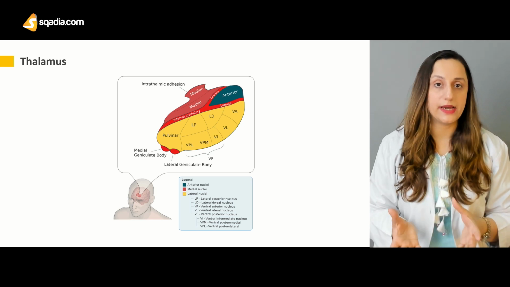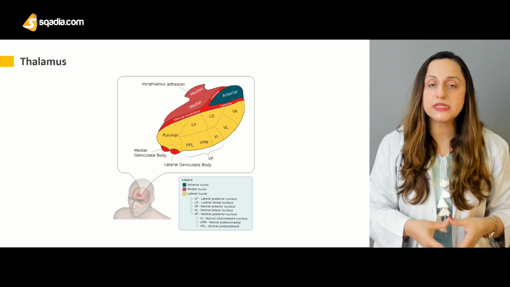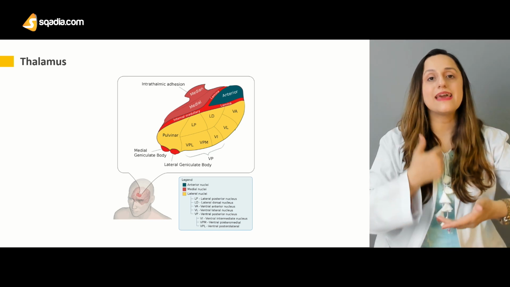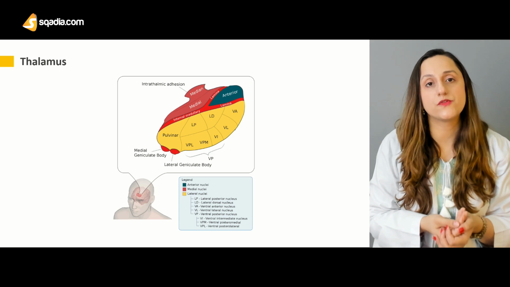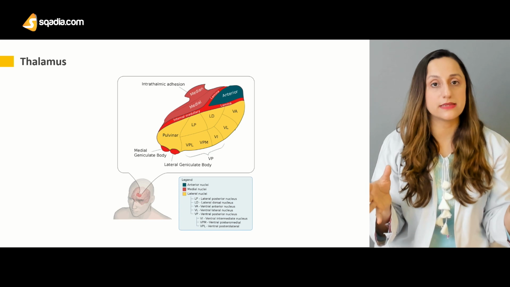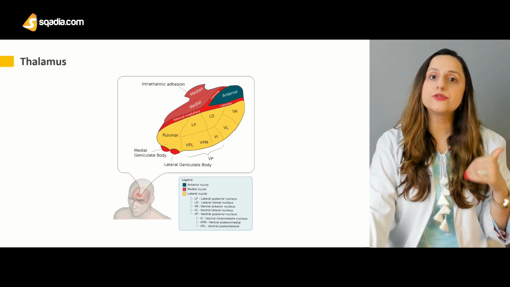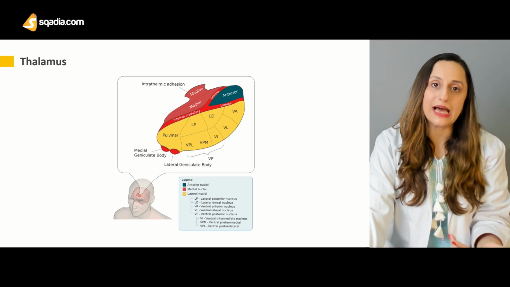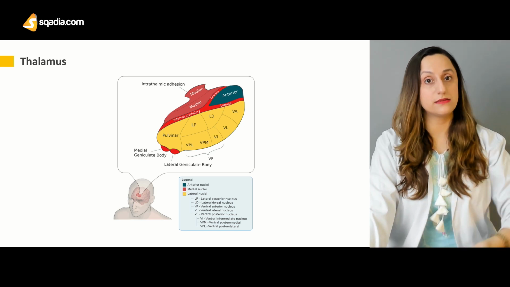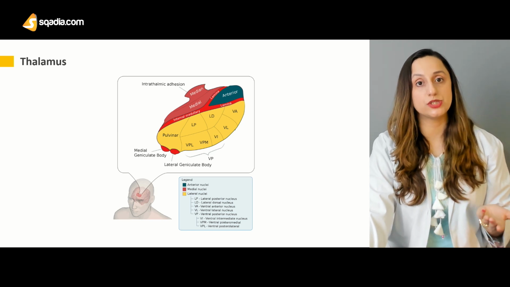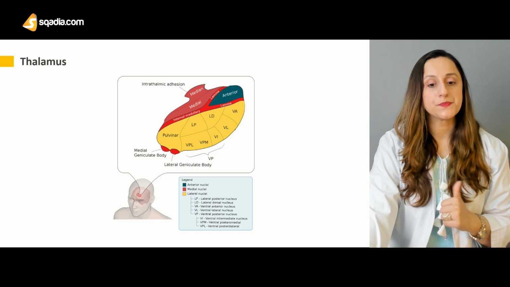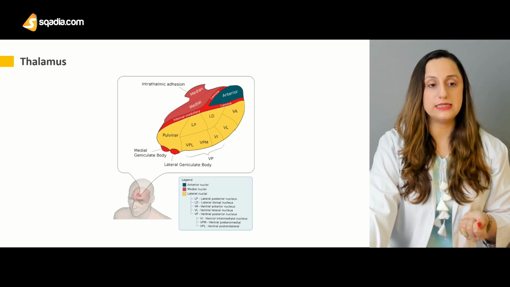These are the different nuclei that are present, and they're responsible for different integration of the sensations, because the ascending tracts carry the information to this thalamic region, and then onward for further integration to the higher centers of the brain. So we'll be going through how these messages reach the thalamus, and thereon how they reach the higher centers for further integration and coordination. And then obviously there is a descending tract as well that is related. We'll be going through these details as well.